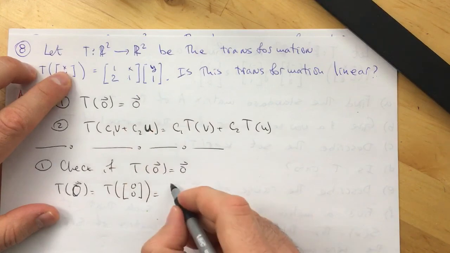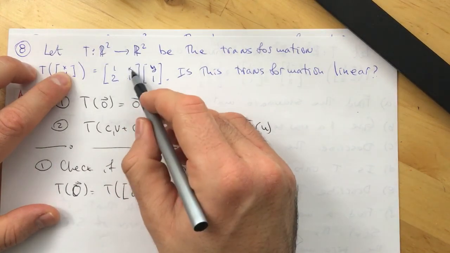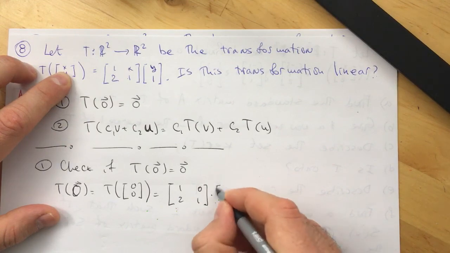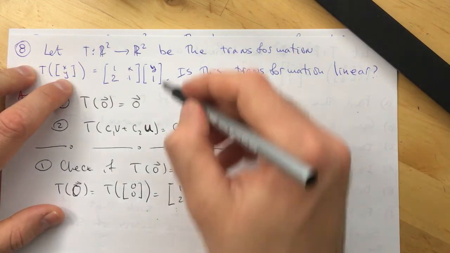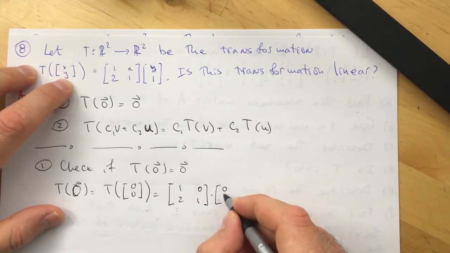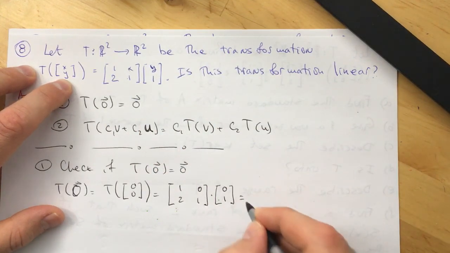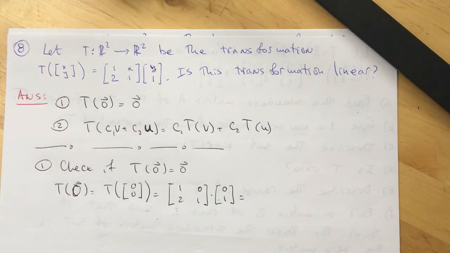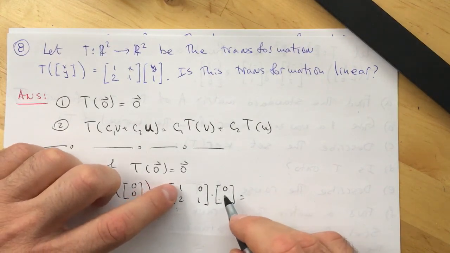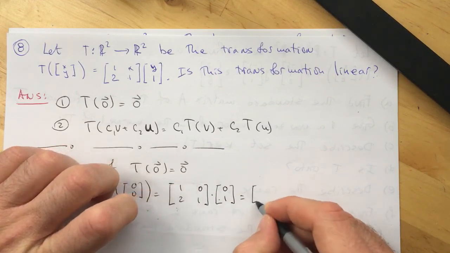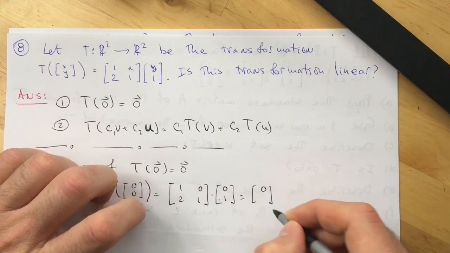So when x is 0, I get a 0 here for x, and y appears in the second vector, so y is 0, and 1. And let's see whether we get the 0 vector. 1 times 0 is 0, plus 0 times 1 is 0, 0 plus 0 is 0, very good.